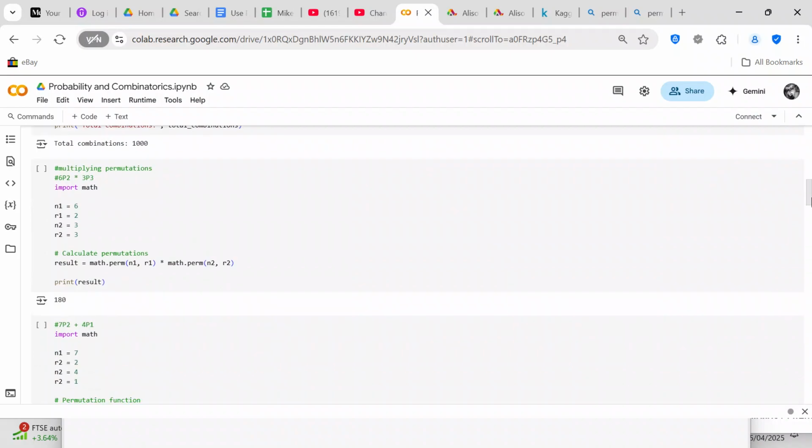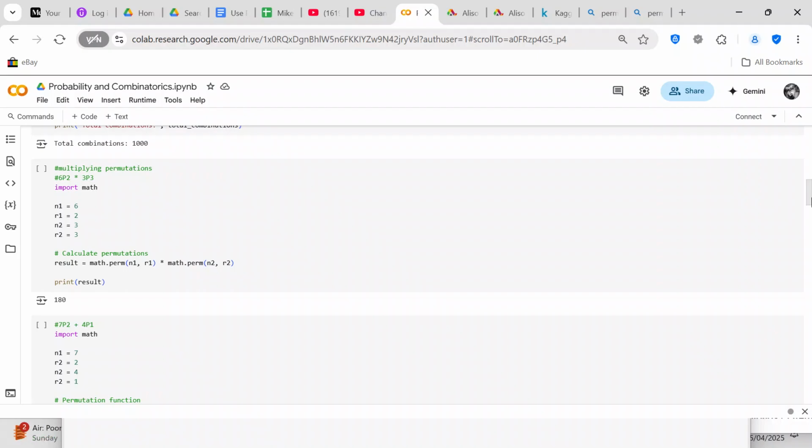You're also able to calculate permutations in Python, and their inbuilt math module has a perm function which allows you to calculate permutations. So we have a question of multiplying permutations of 6P2 times 3P3.